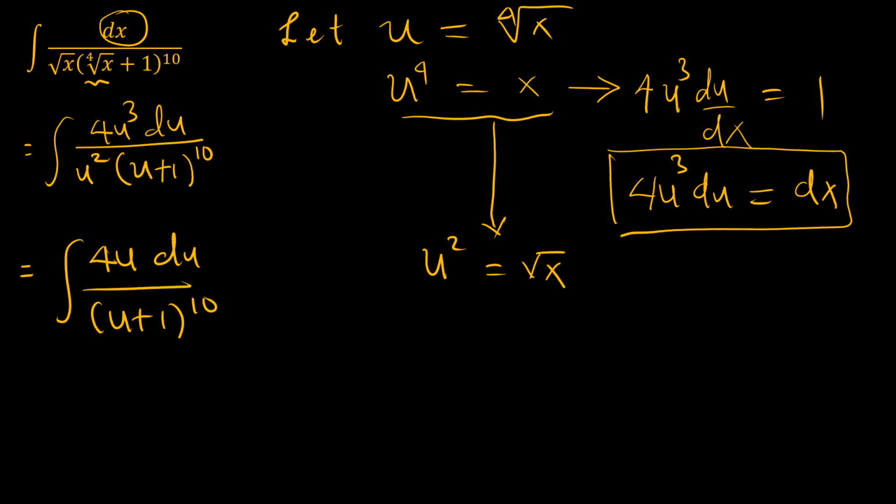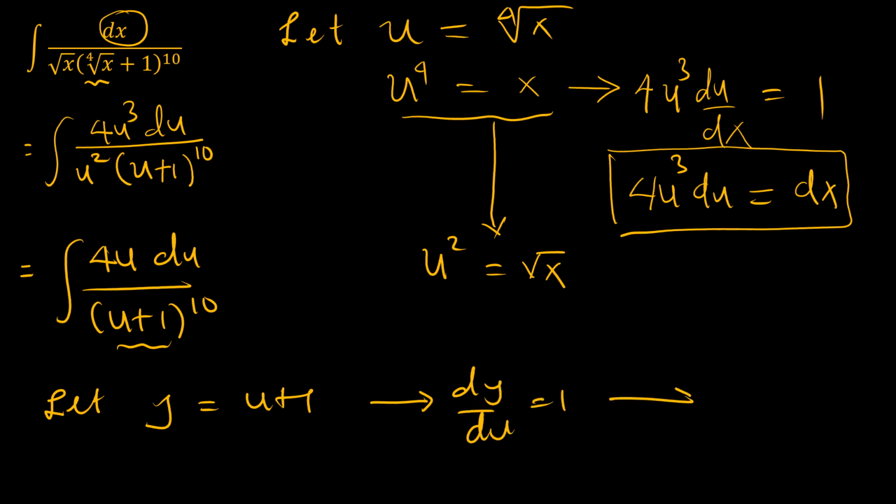So that's an interesting thing we have there. Since we have a complicated expression here, I don't want to expand (u plus 1). I may as well just say let y be equal to u plus 1, such that dy/du is equal to 1, and multiplying by du on both sides, we can substitute for du with just dy.